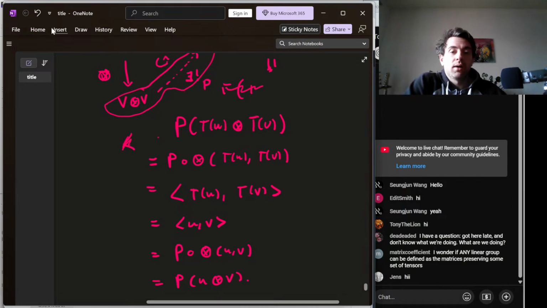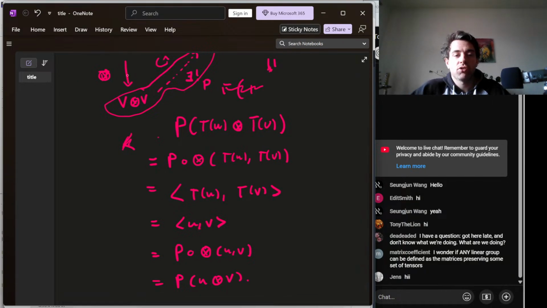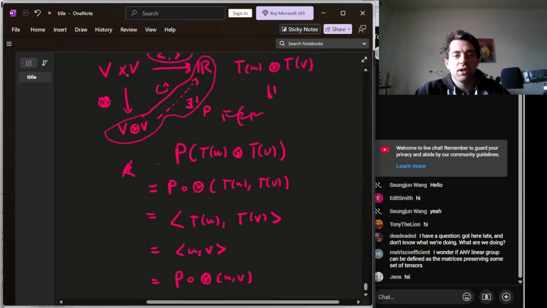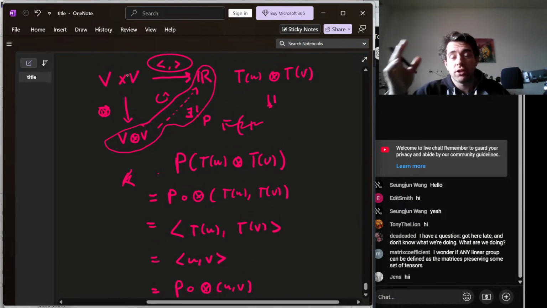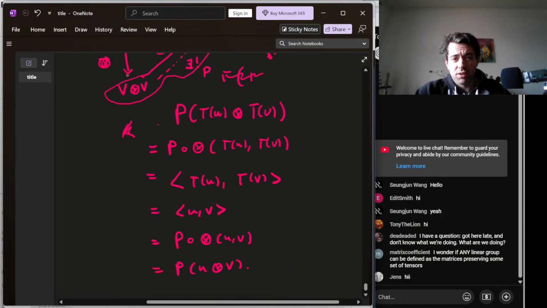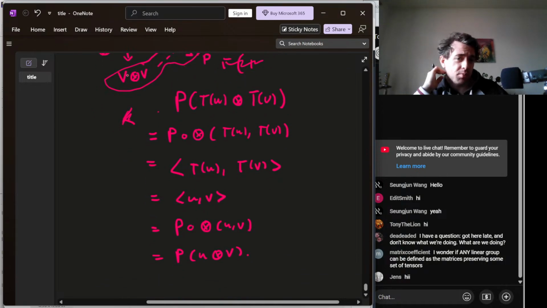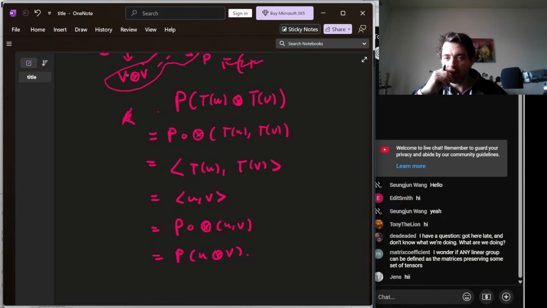So, what does that actually say? So that says that we can translate, if we have some bilinear map on our vector spaces, then asking that bilinear map preserves the inner product.